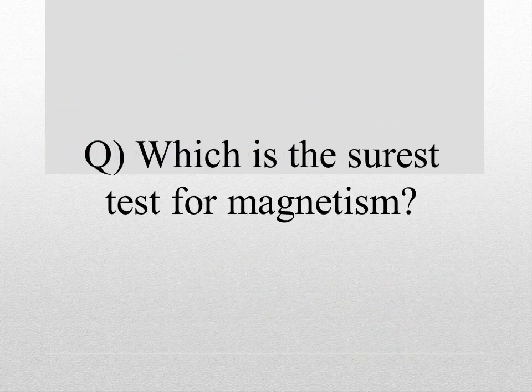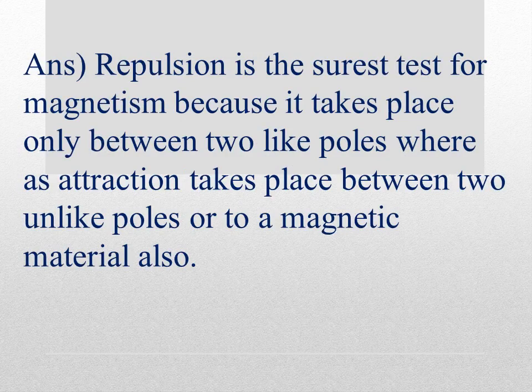Which is the surest test for magnetism? Repulsion is the surest test for magnetism because it takes place only between two like poles, whereas attraction takes place between two unlike poles or to a magnetic material also.